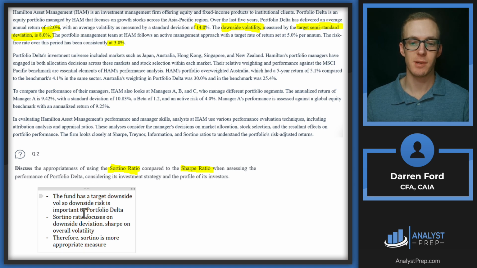So downside risk is important to Portfolio Delta. Sortino ratio focuses on downside deviation. Sharpe focuses on overall volatility. Therefore, Sortino ratio is the more appropriate measure. So that's all there. 3 quick bullet points gives us the information, compares the two, and then that helps us make our decision.